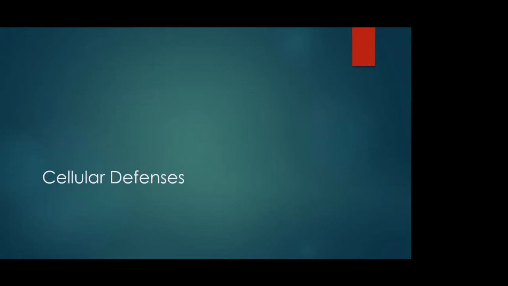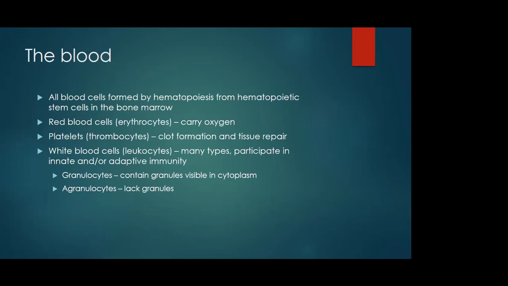All right, let's talk about cellular defenses. In the blood, all of our blood cells are formed by a process called hematopoiesis. Right, it happens in the bone marrow. All of our blood cells come from hematopoietic stem cells. Our red blood cells are called erythrocytes. They carry oxygen to tissue, right?